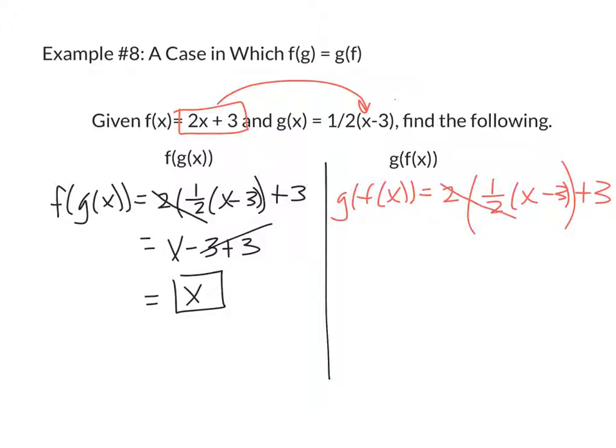Again, the 2 and the 1/2 cancel. I'm left with x minus 3 plus 3, and again we get x. You'll find out later what these situations really mean, but for now we're just practicing with the understanding that sometimes if you compose functions into one another, your solution may be x, and we'll explain later what that means.